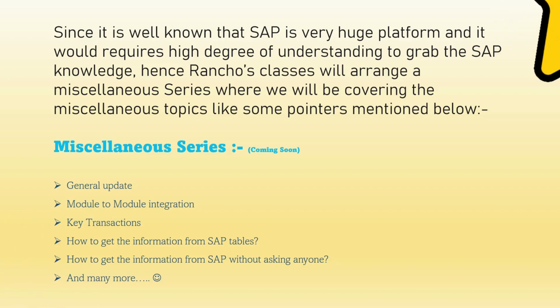If a T-code is not in our mind, how we can track that T-code from SAP itself without asking anyone, how we can track the changes made by someone in the system. These kinds of things I am going to cover in my miscellaneous series. So in the next video, I am going to launch the dedicated miscellaneous series, so that you can track it.